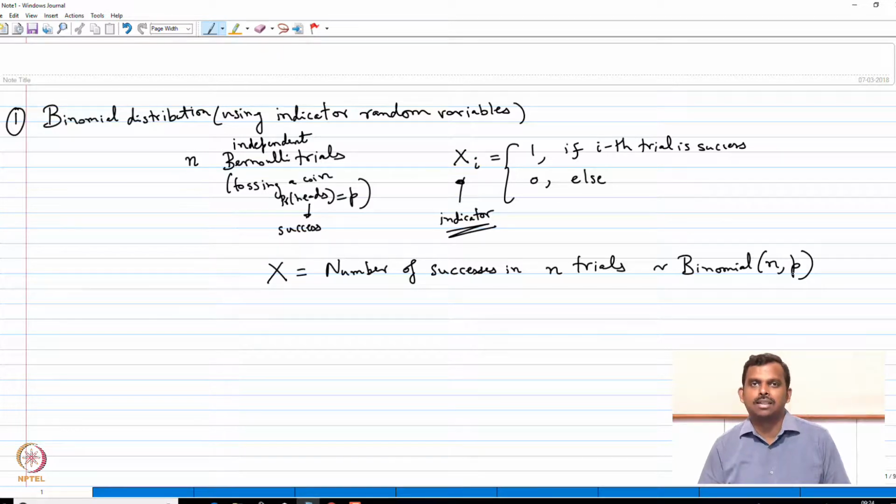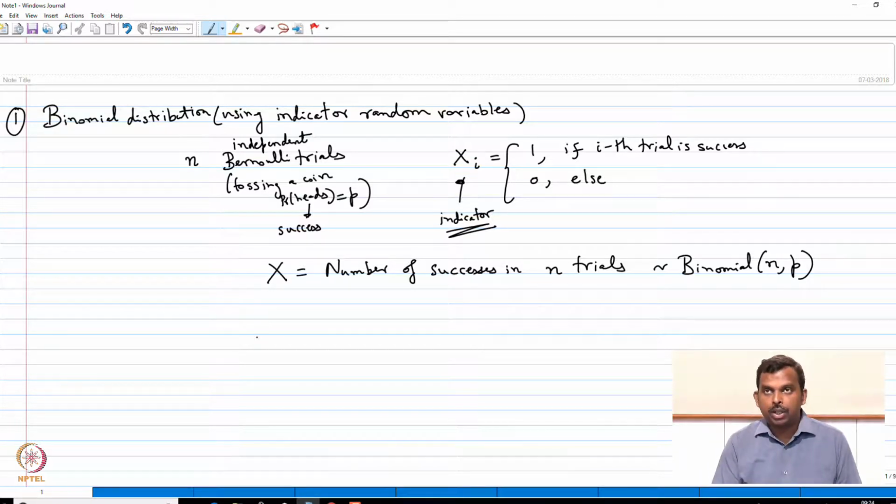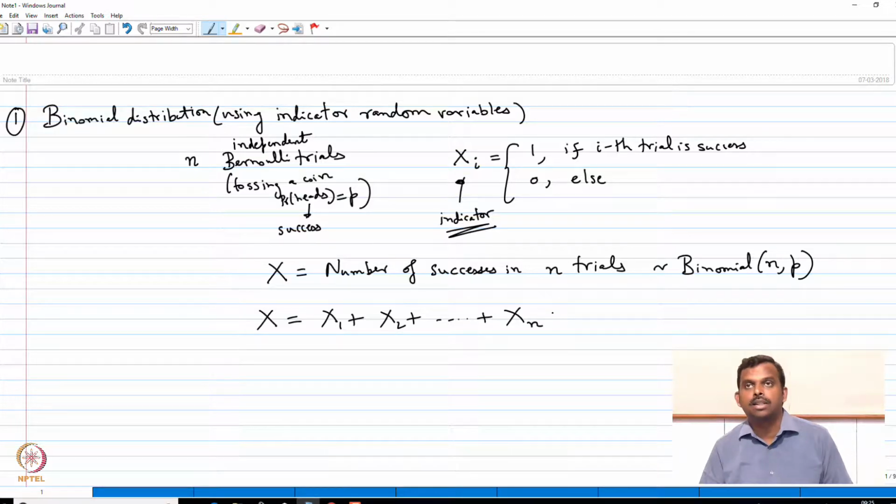You might also remember that this X can be written as X1 plus X2 plus so on till Xn. If you add up these n indicator random variables, you end up getting the binomial random variable, which is the number of successes.